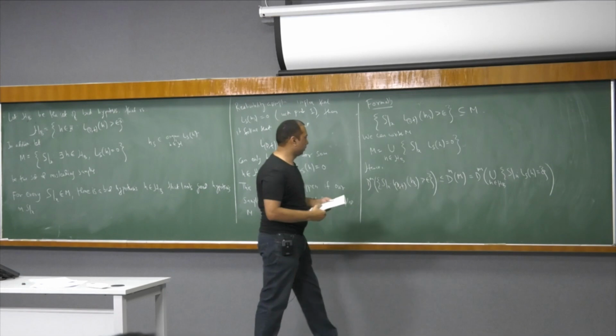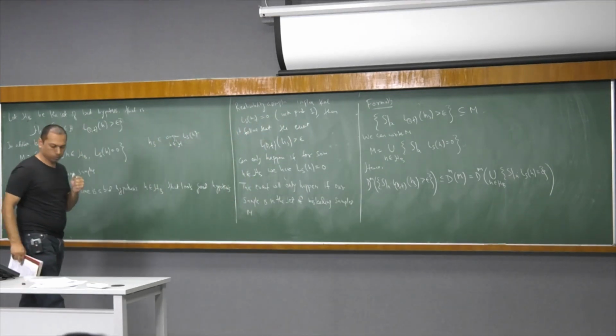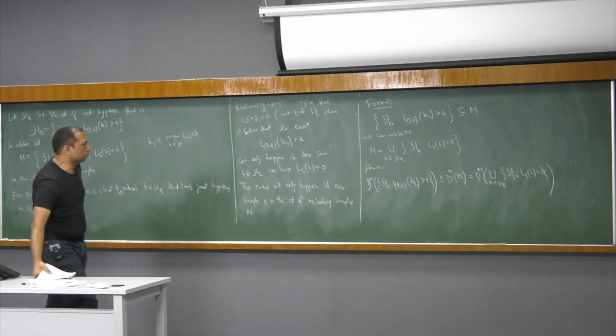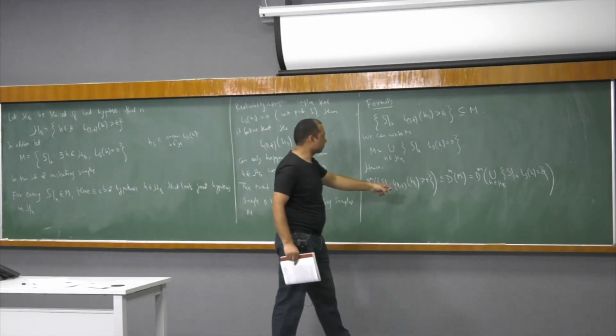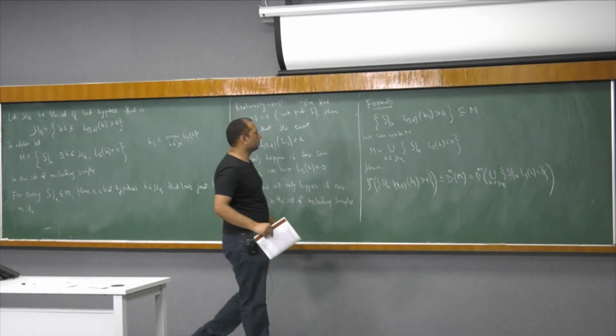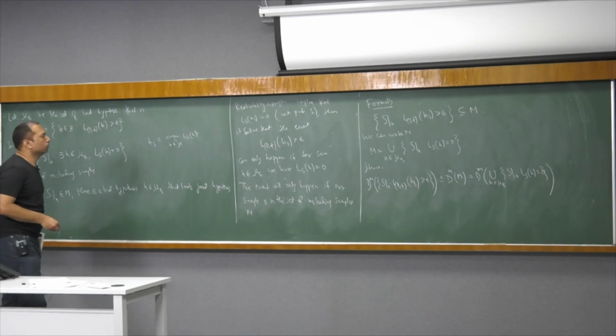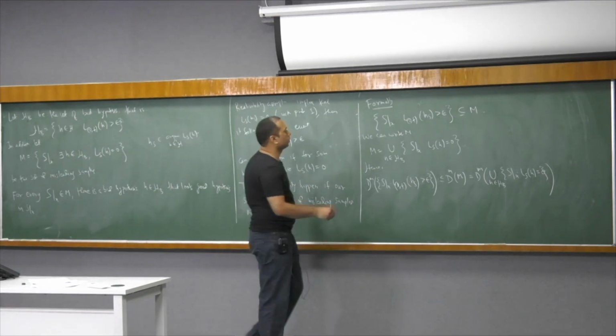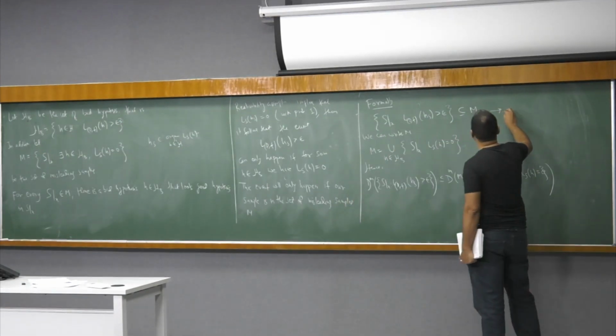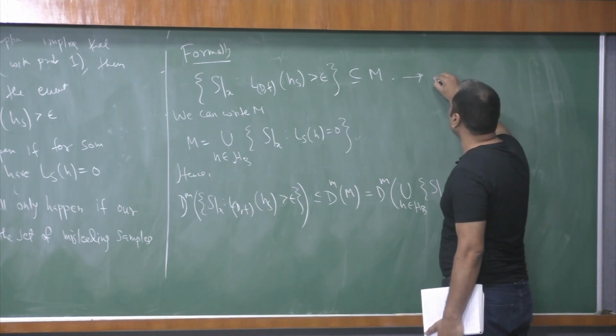Okay, let us see this. So why is this less than or equal to here? It's a subset, exactly. It comes from this star. A subset of B, then probability of A is less than or equal to probability of B.